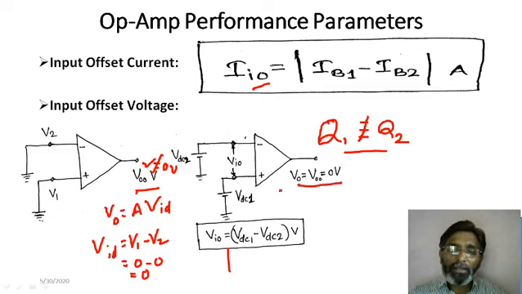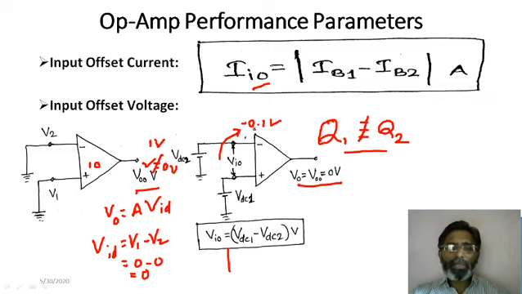Now how to make that? Suppose I am getting some positive output offset voltage. What I have to do is apply some negative input voltage. For example, if my output offset voltage is 1 volt and the gain of my amplifier is 10, I need to apply an input of minus 0.1 volt.